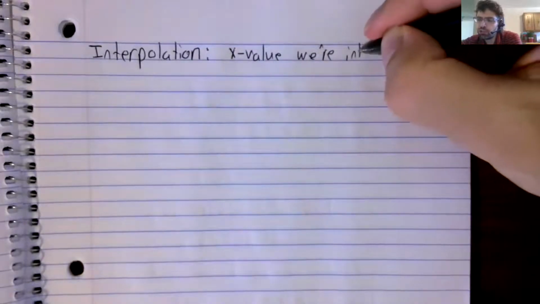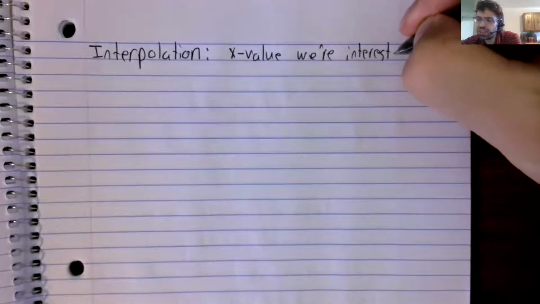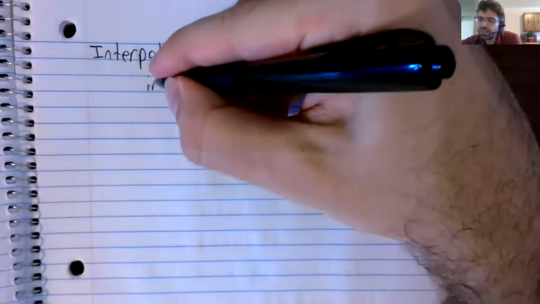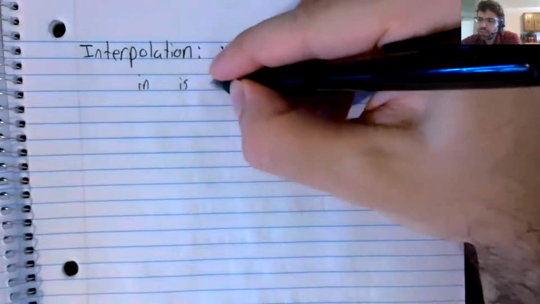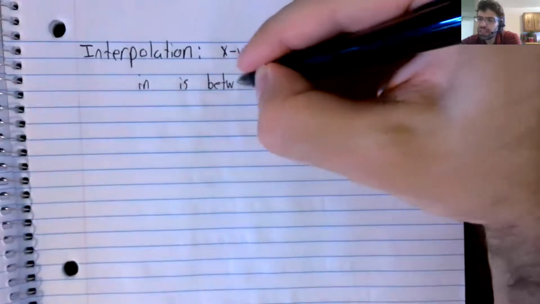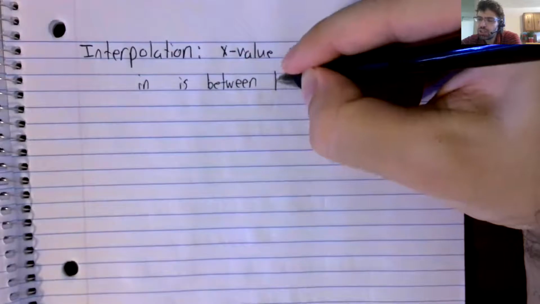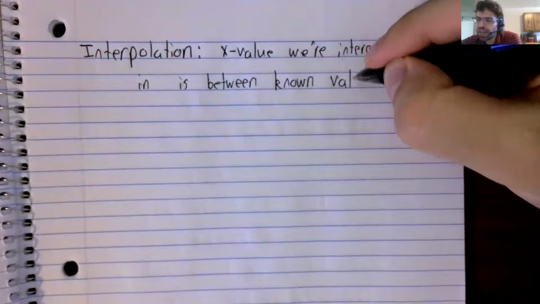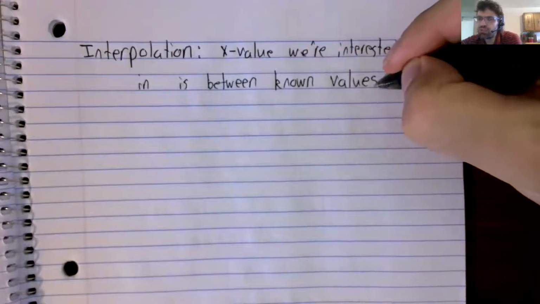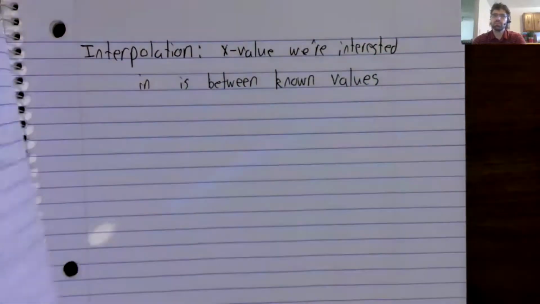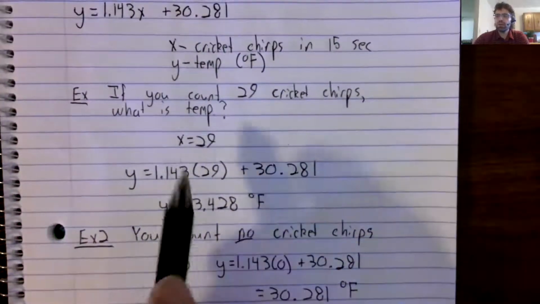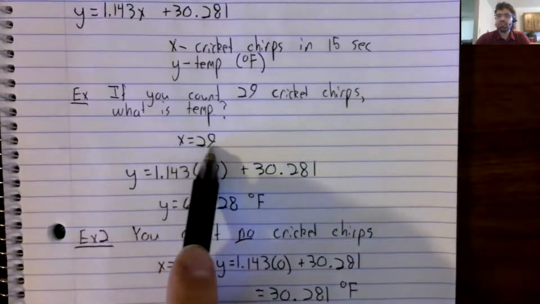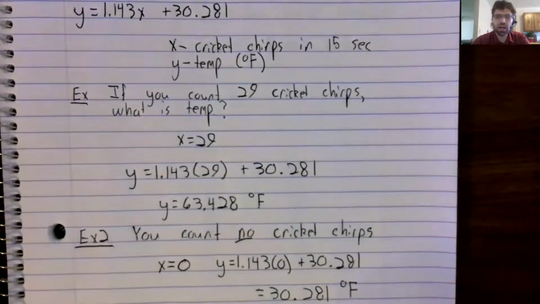we are interested in is between known values. So going back to this, we're interested in what happens when we count 29 cricket chirps.